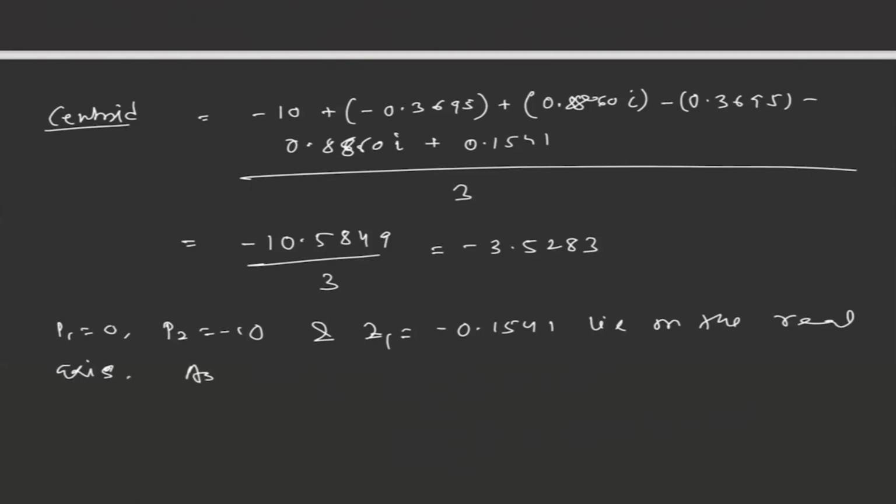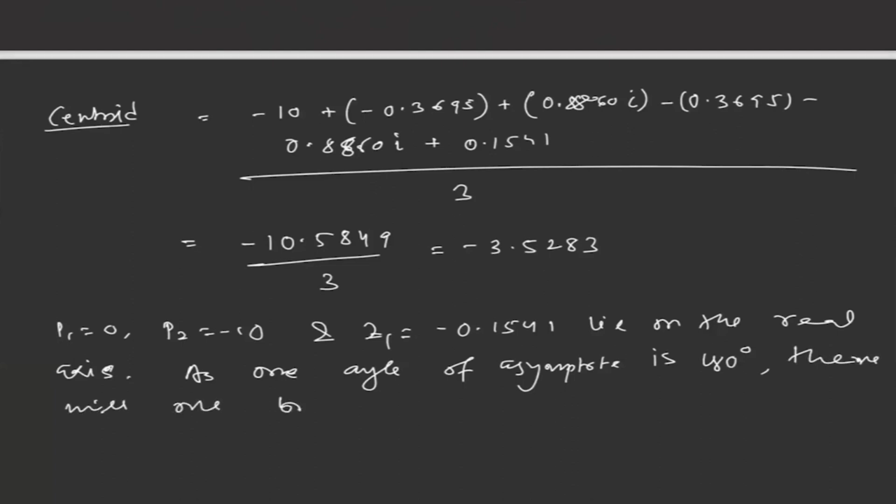As one angle of asymptote is 180 degree, one asymptote branch will go from P2 equal to minus 10 to infinity.